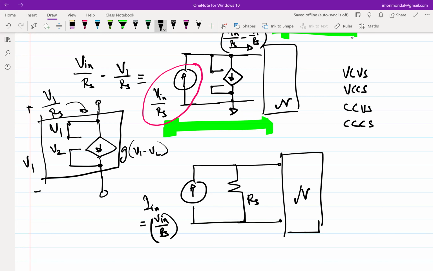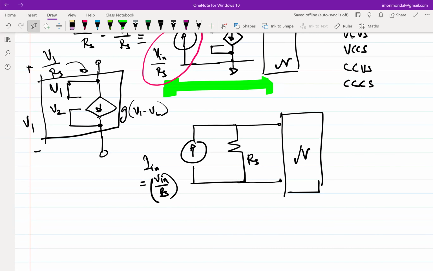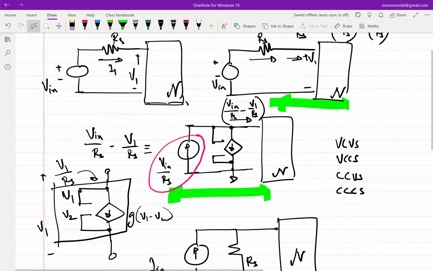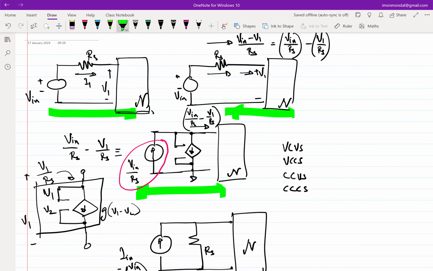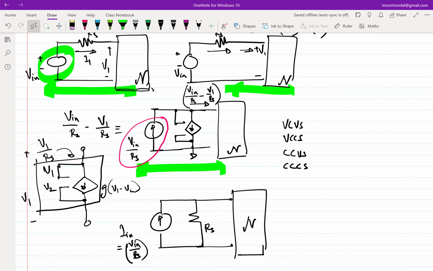Before I move ahead of myself, where did we start? We started off by saying, can we replace this circuit in such a way that this V in is not a voltage source anymore, it's a current source. And following the logic and arguments we made, indeed we can do that.